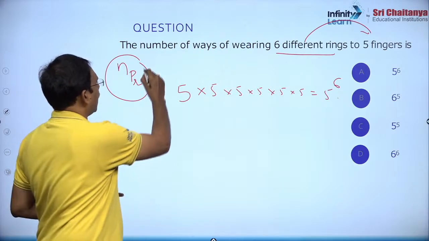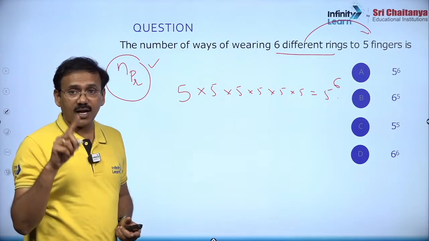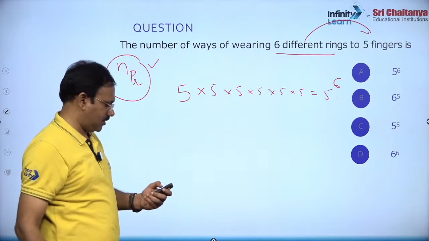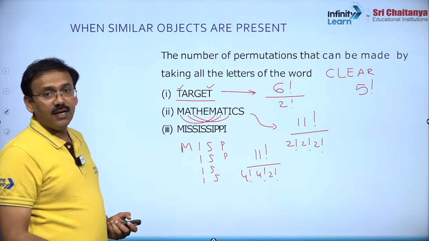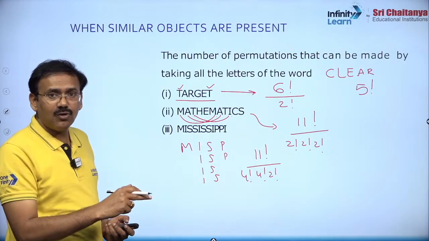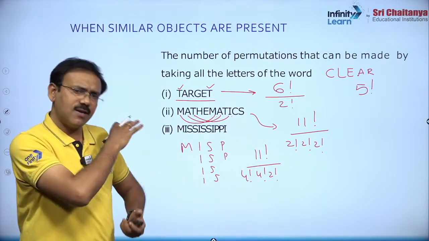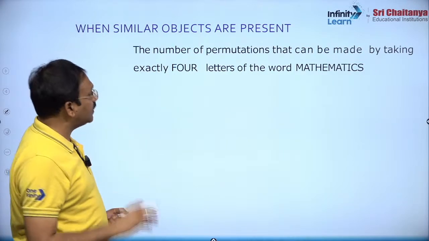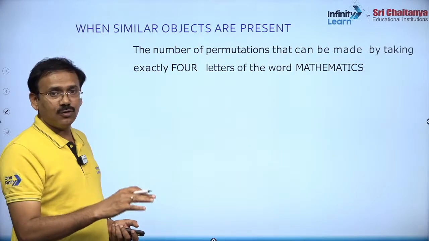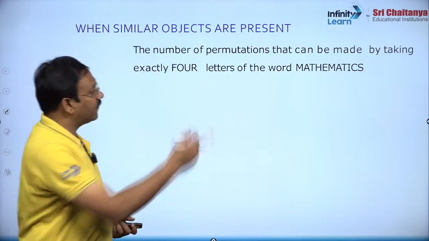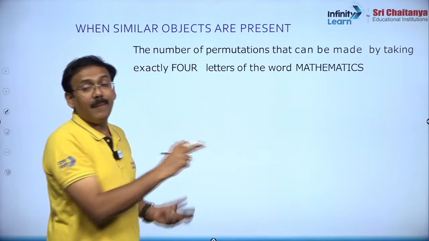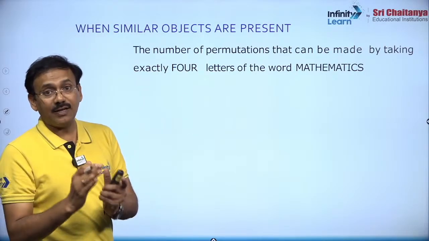Case 1, if repetitions are allowed, we have seen. The second case, if certain things are similar, we have seen. In TARGET we were taking all 6 letters, whereas in this problem certain things are similar, but we are not taking all, only a few.